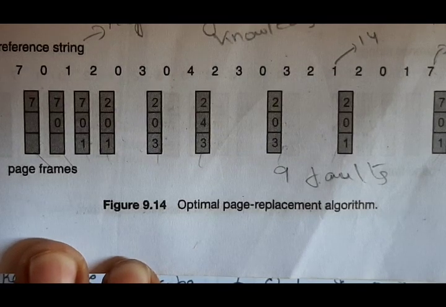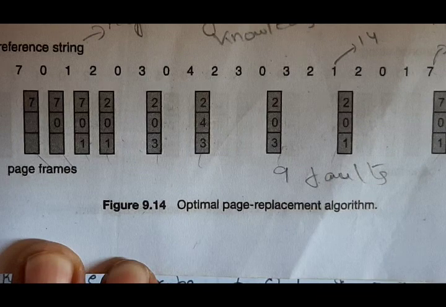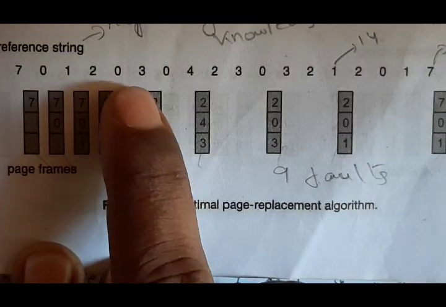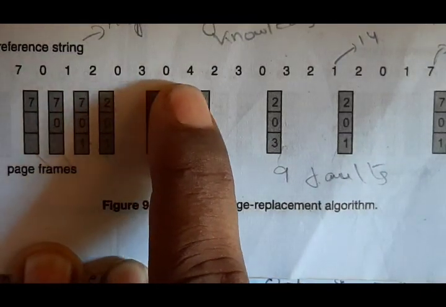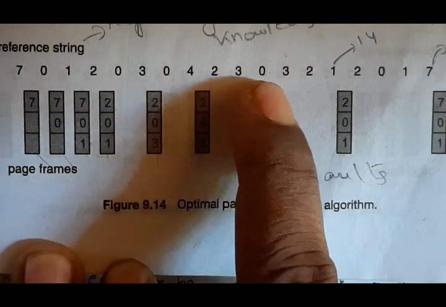Next you want to place 2 here. So which one do you have to exchange? You have to replace the page that will not be used for the longest period of time.